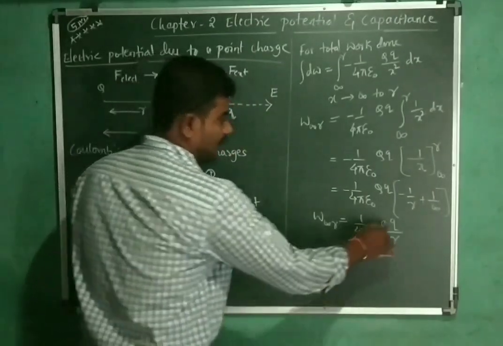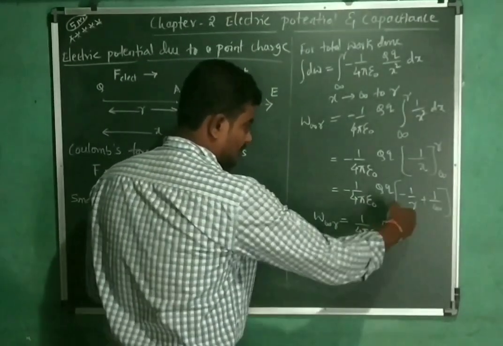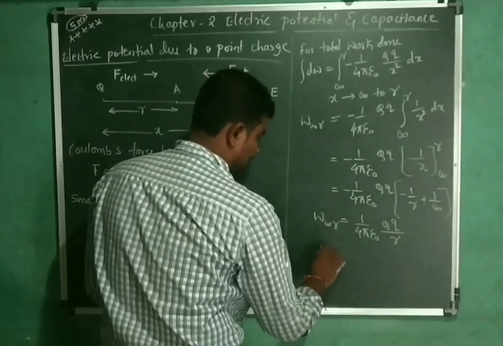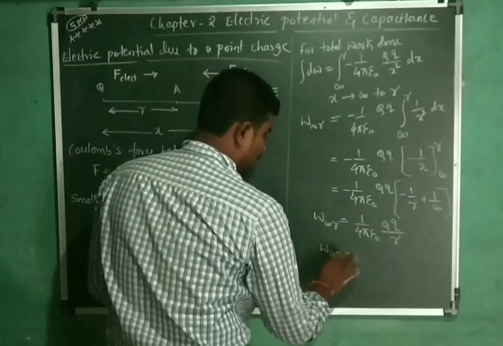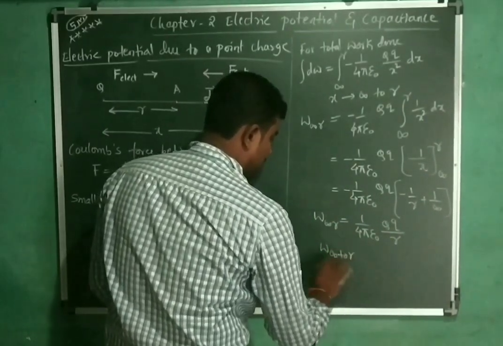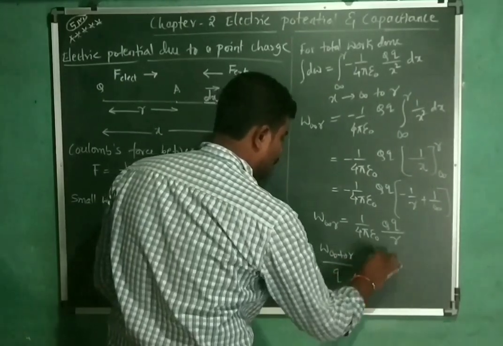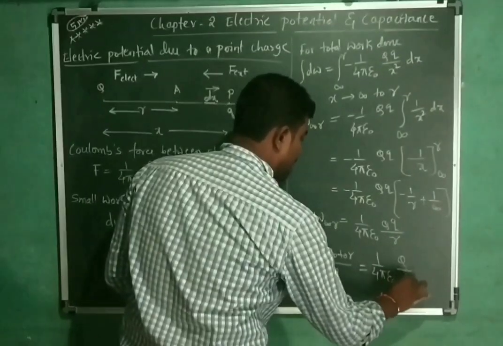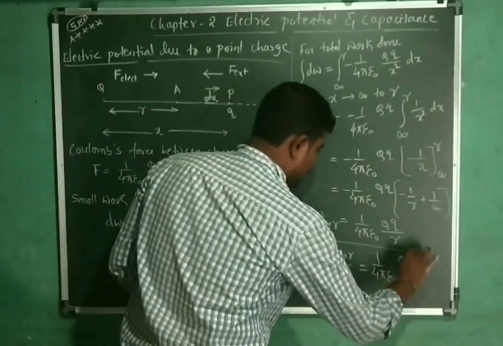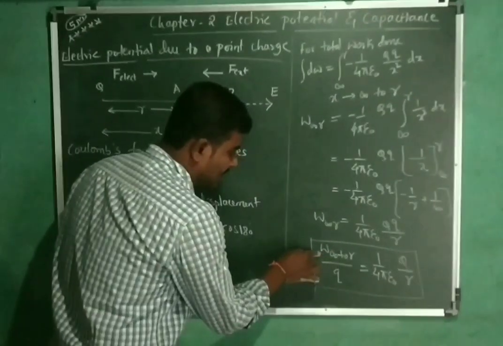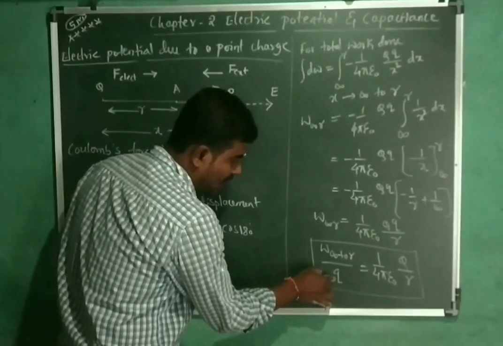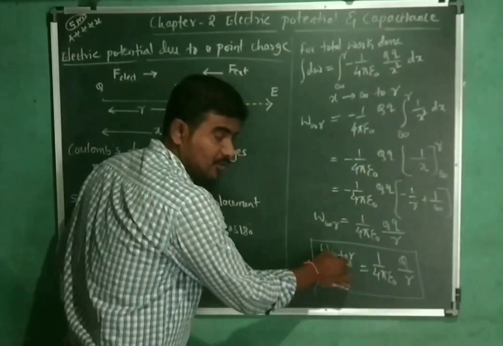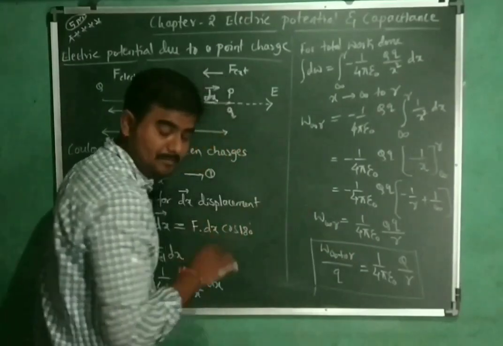Dividing by q, W from infinity to r divided by q is equal to 1 divided by 4 pi epsilon naught q divided by r. This is the work done in bringing a unit positive charge from infinity to that location. Which location? At the r location.